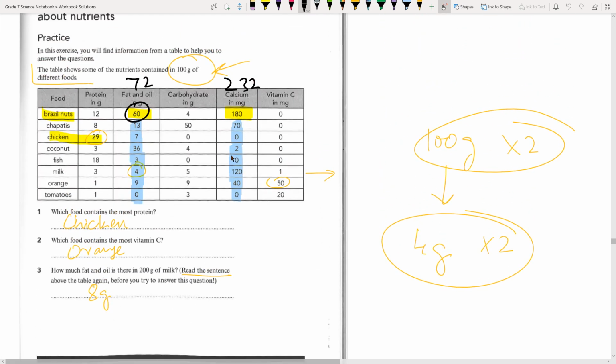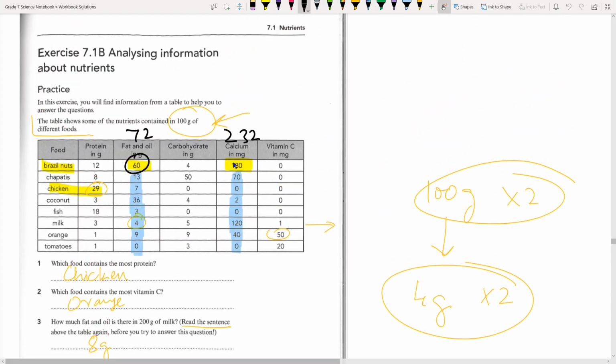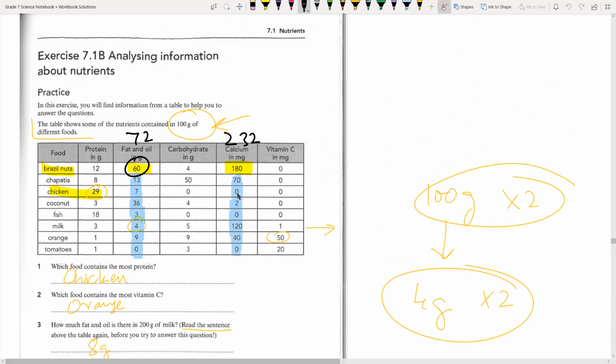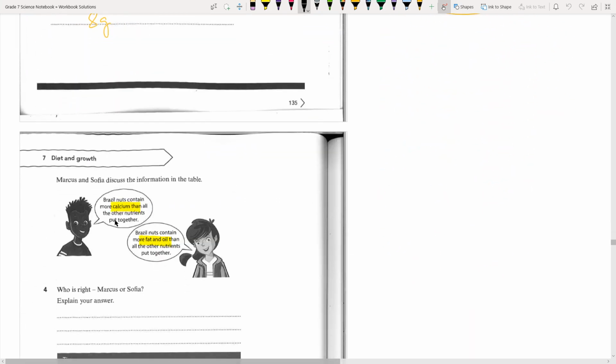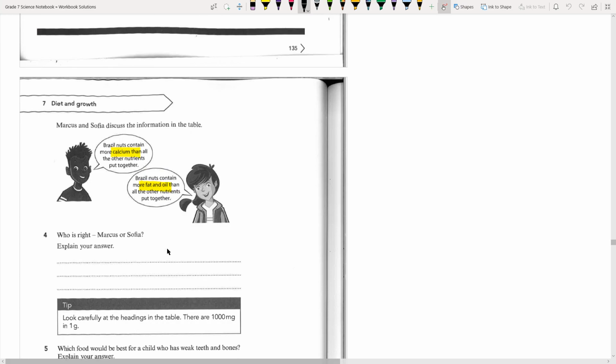Now this is in grams and this is in milligrams, but still that doesn't affect it. Which one is put together? All right, so we can simply say that both are wrong, as the sum for both exceed the values.